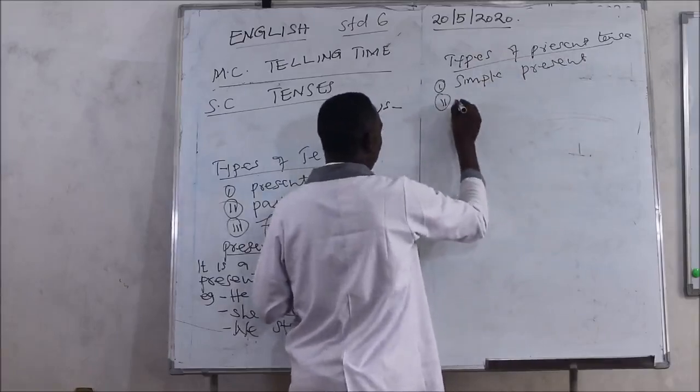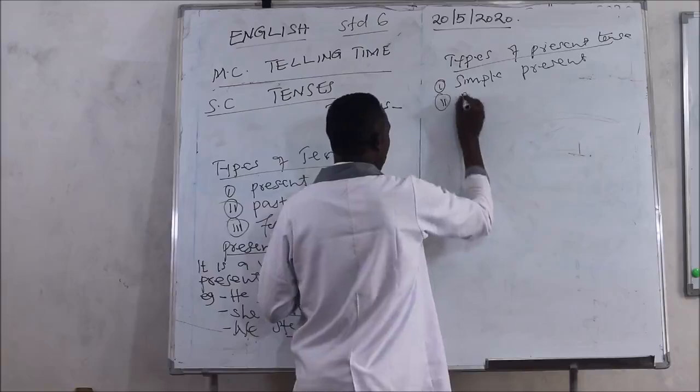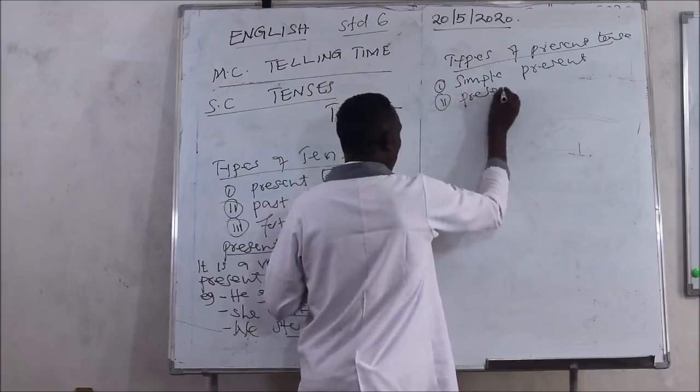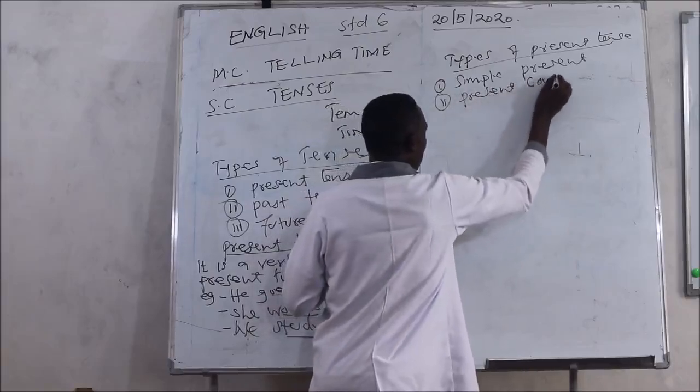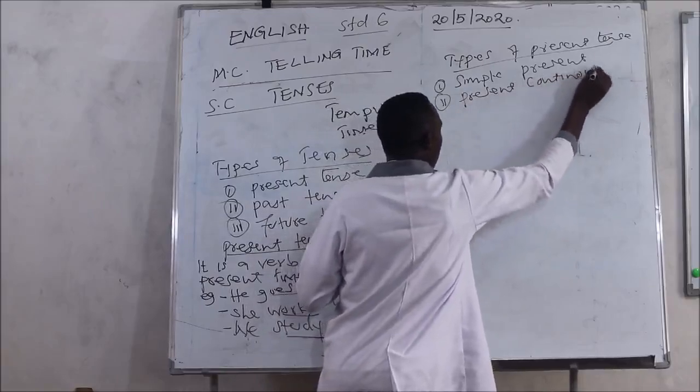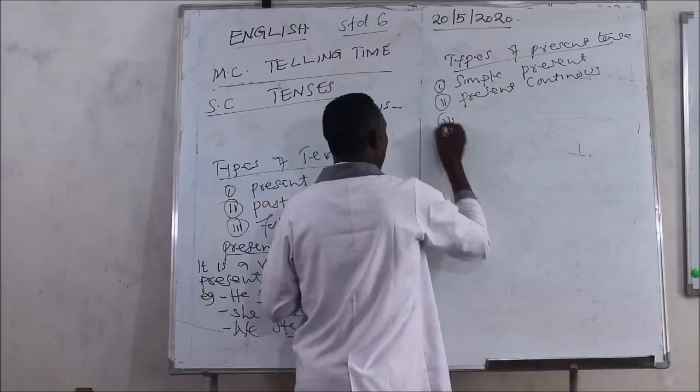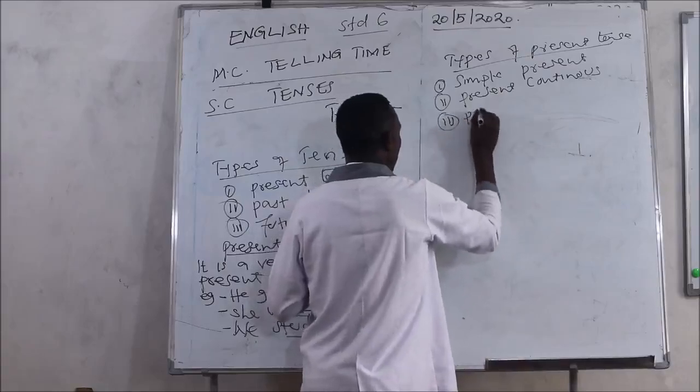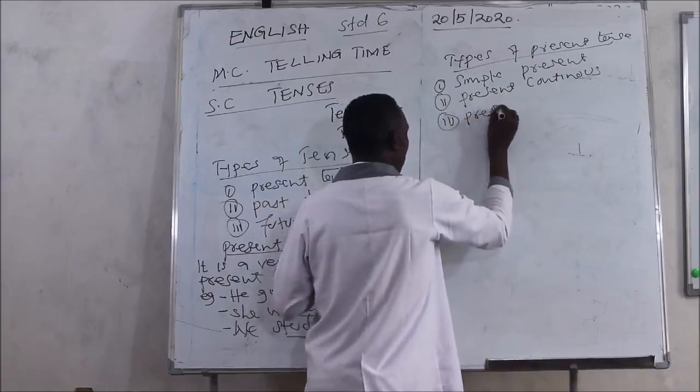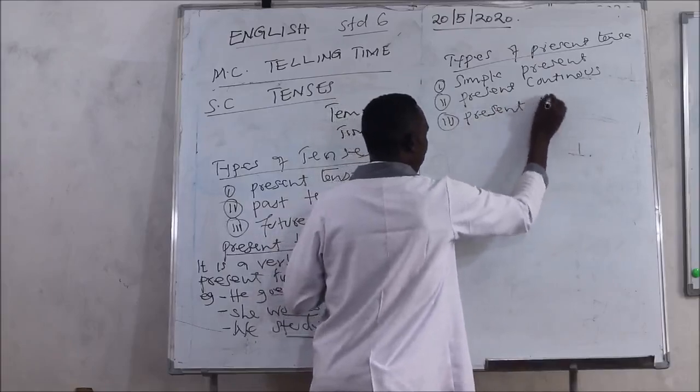Number 2, we have present continuous. Number 3, we have present perfect.